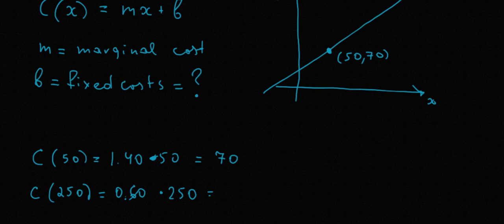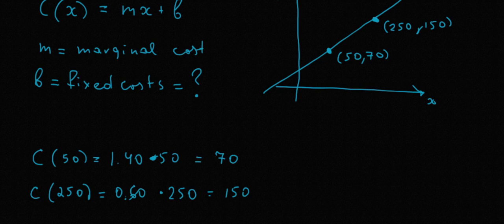So 6 times 25, and that's going to be 150. So it costs $150 to manufacture 250 tacos. And that gives us a second point on the cost line, 250, 150.